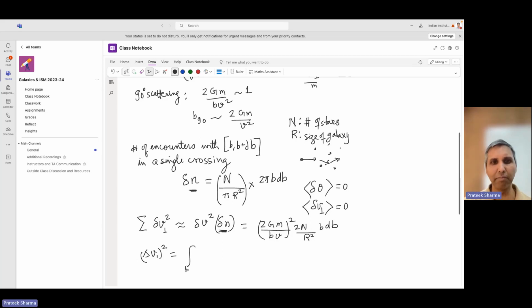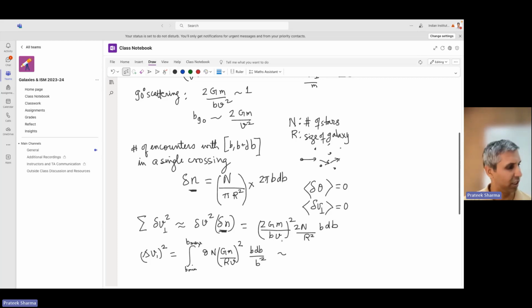So this integral from b min to b max, the range in impact parameters, and you have 8 n G m by R v, the whole squared, times b db by b squared, right? You see, there is 1 by b squared here, and there is b db. Everything else is independent of b. That comes out of the integral.